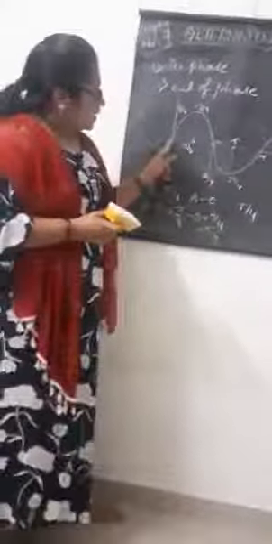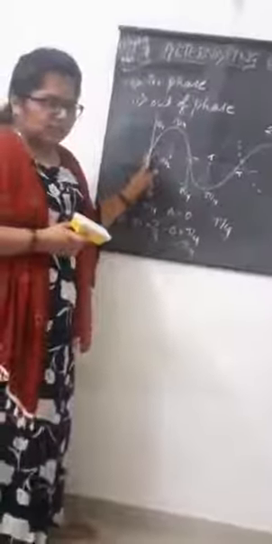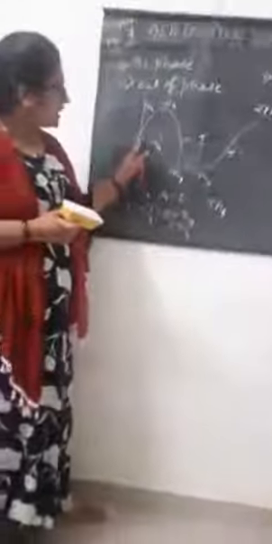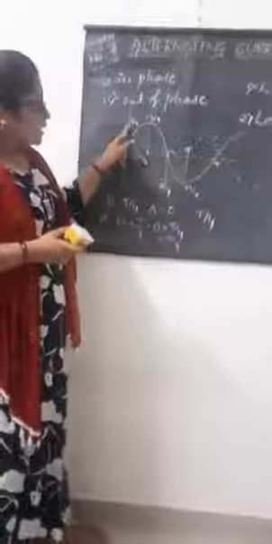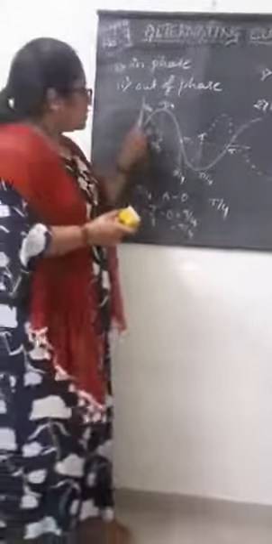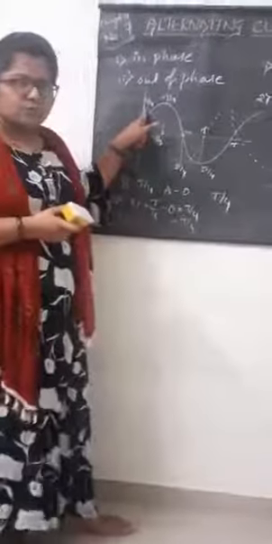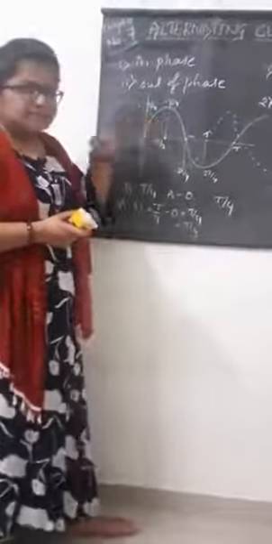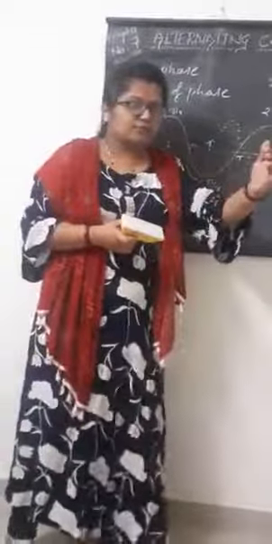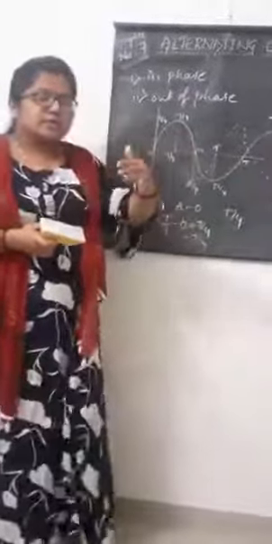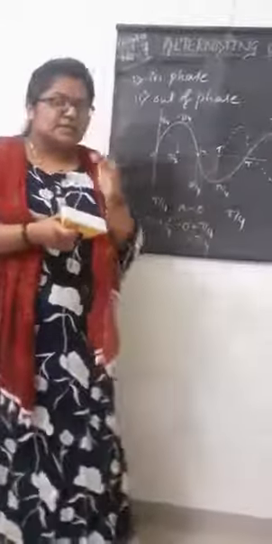How? See here. At this point, A is at 0, meaning the alternating voltage is at 0, and B, the alternating current, has already reached the point T by 4. So the current is in lead. It has already covered some distance, but A is still at 0.